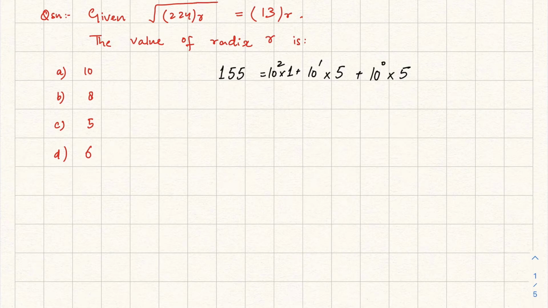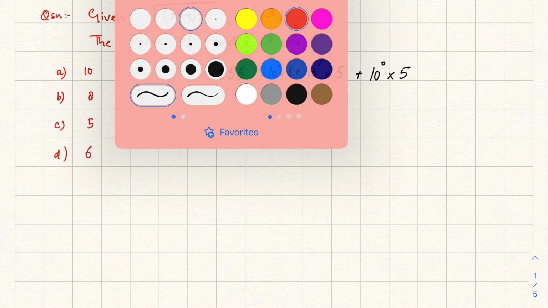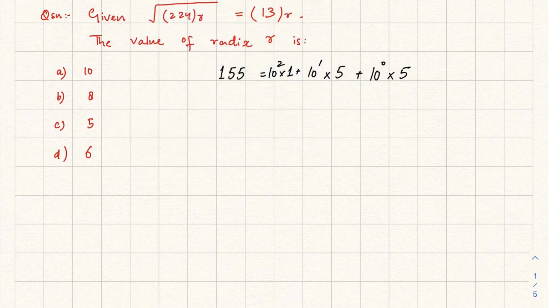In this expression, the 10 is nothing but the base, because this number was with base 10, so the powers were also of 10. The powers start from 0, starting from the units place, then 1, 2 and so on.